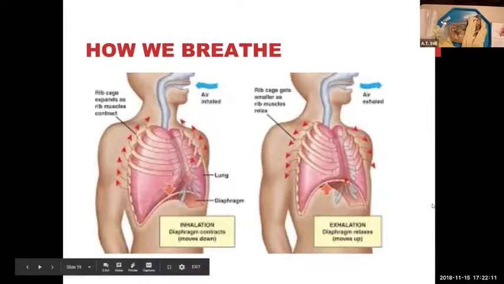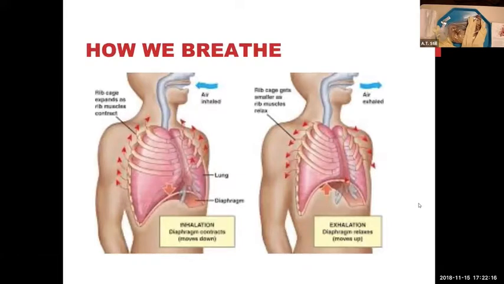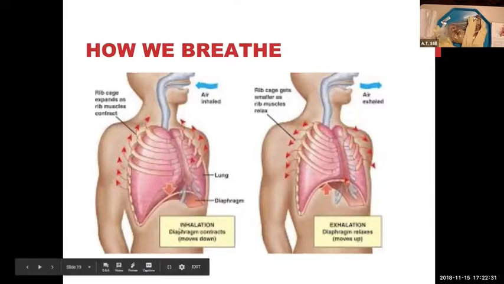Okay, and then just to describe how we breathe, this involves different muscles and our thoracic cage, so that we can expand our lungs and let the air in. So if we look at this muscle right here, this is called the diaphragm, and it separates the thoracic cavity from the abdominal cavity.